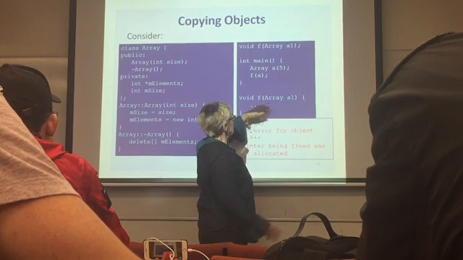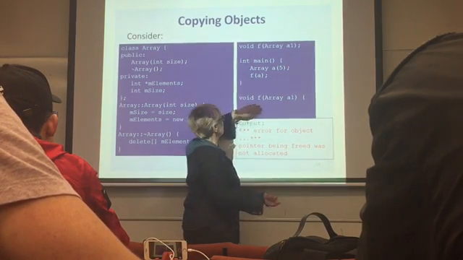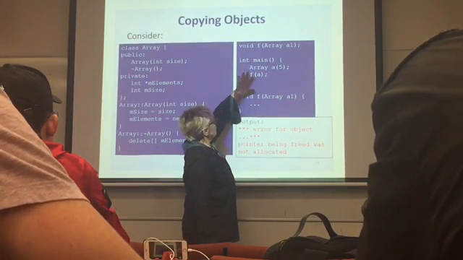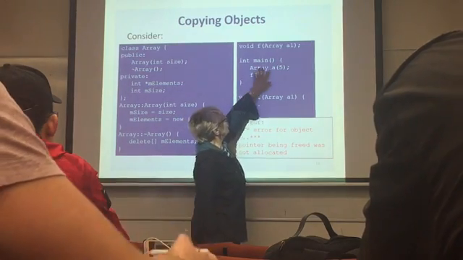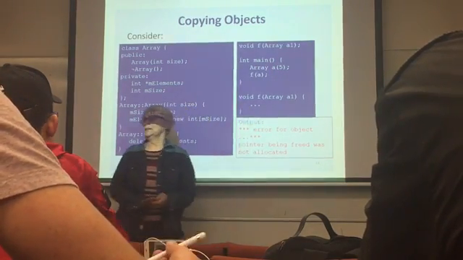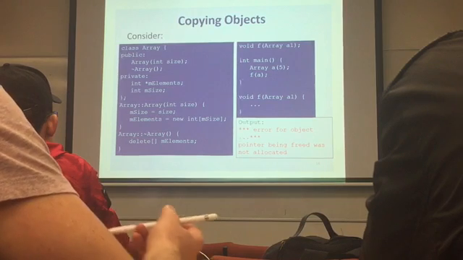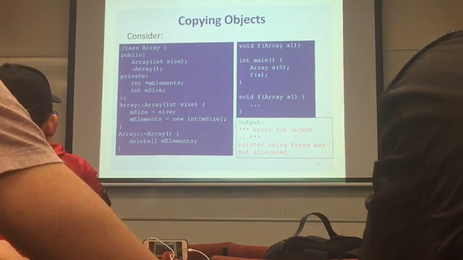So your function, doesn't matter what the body is, when it's called on this object A, there is what is called a shallow copy.